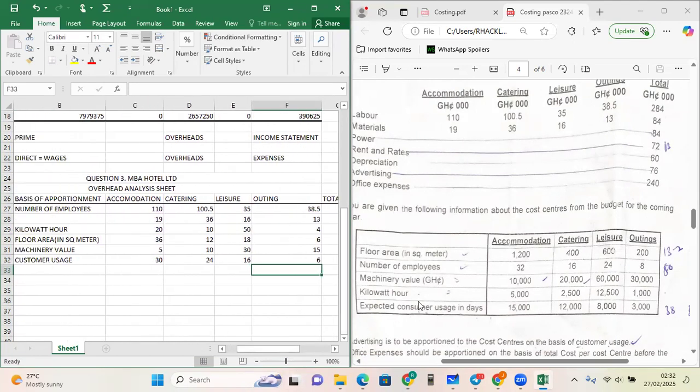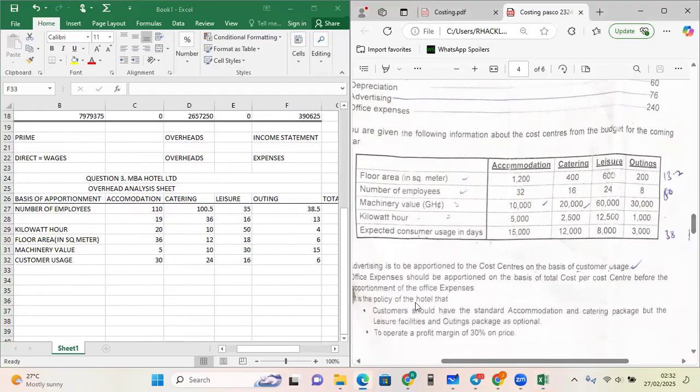Now, we have office expenses here. We don't do it straight away because the question said something. The question said that office expenses should be apportioned on the basis of total cost per cost center before apportionment of the office expenses. We have to total whatever we have here and then use it as the basis of apportionment.